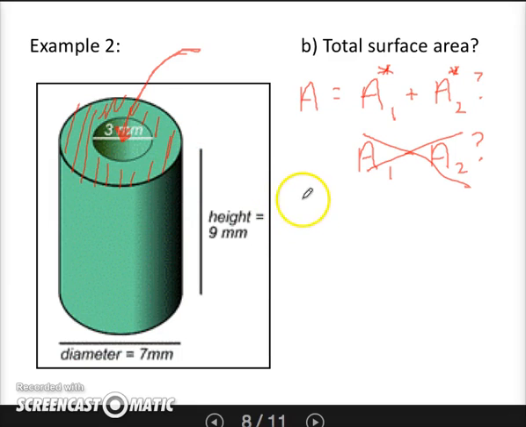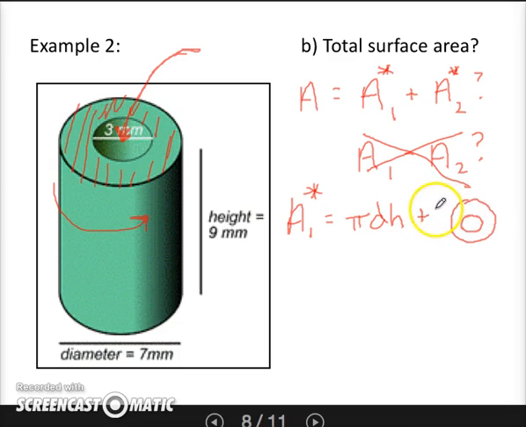So let's start with the big cylinder, the part that's showing. We have the lateral area, which we are now experienced at finding. That's pi times the diameter times the height, plus this funny shaped donut. And we have two of those. We have one on the top and one on the bottom. So let's just focus on finding the donut shape.